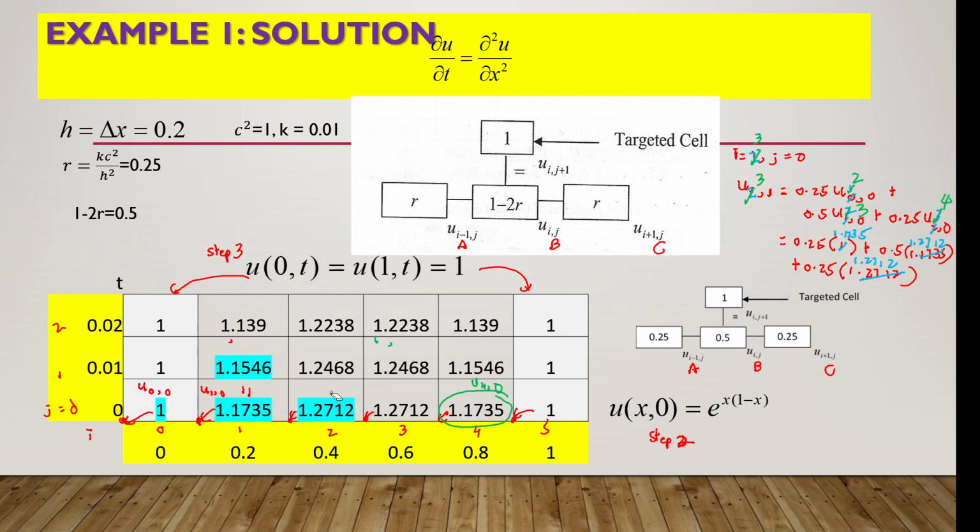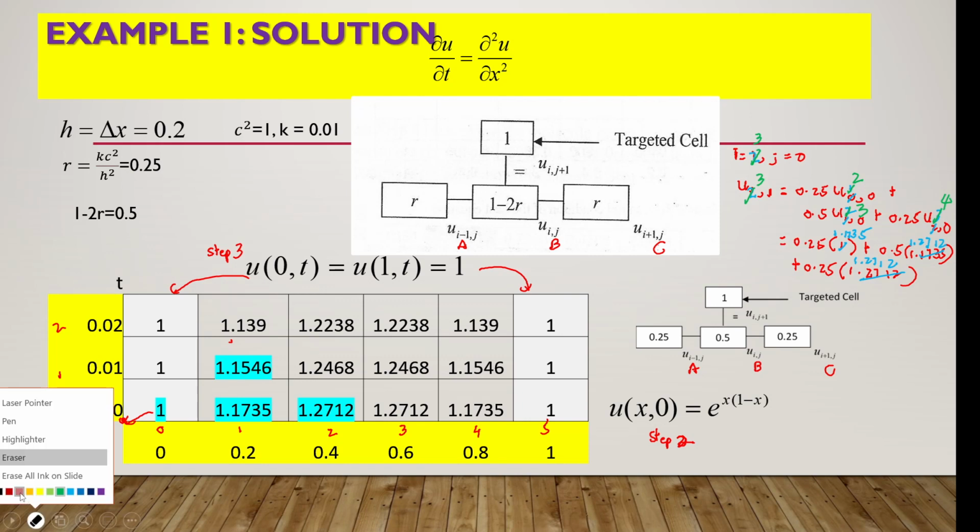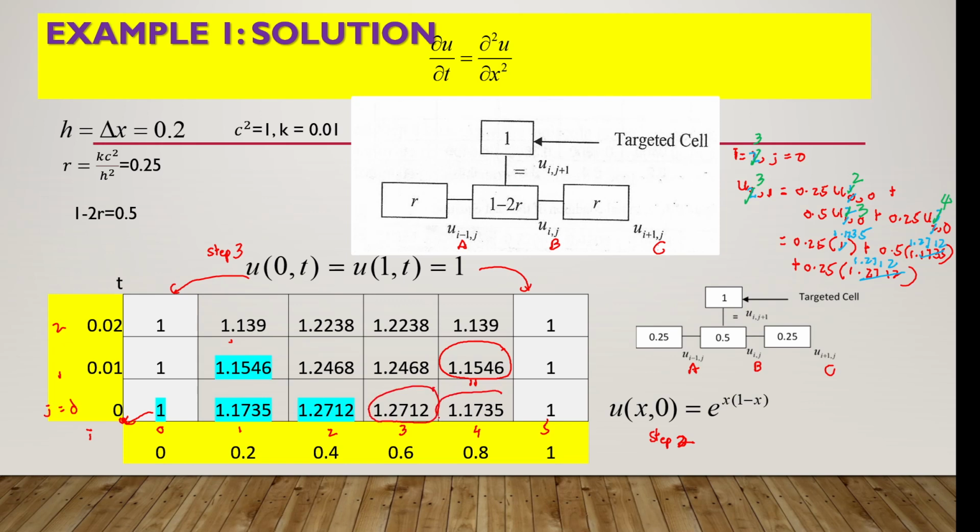You may erase it. Why so messy? Okay, so you want to get this cell. Now I focus here. This actually depends on the molecule: left is here, center is here, right is here.